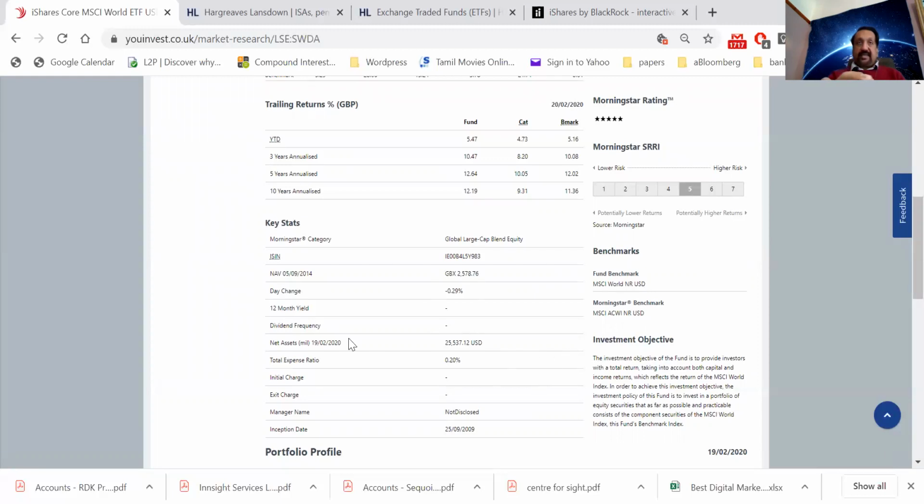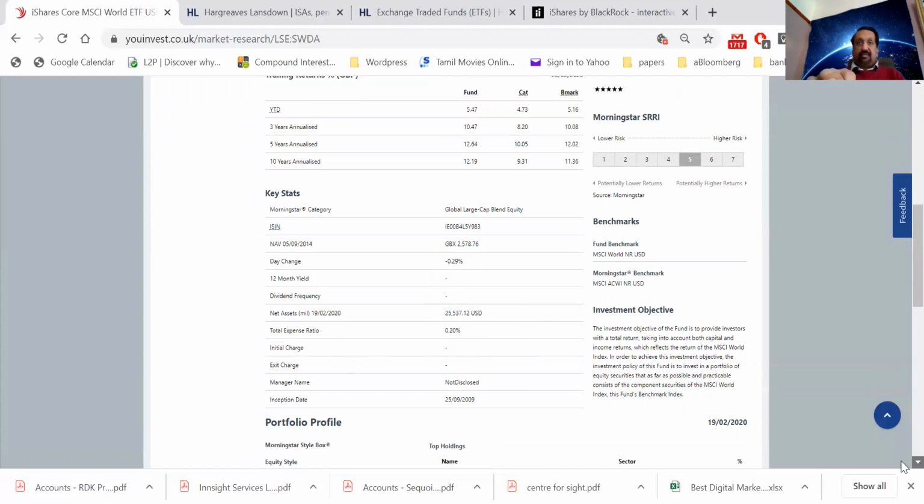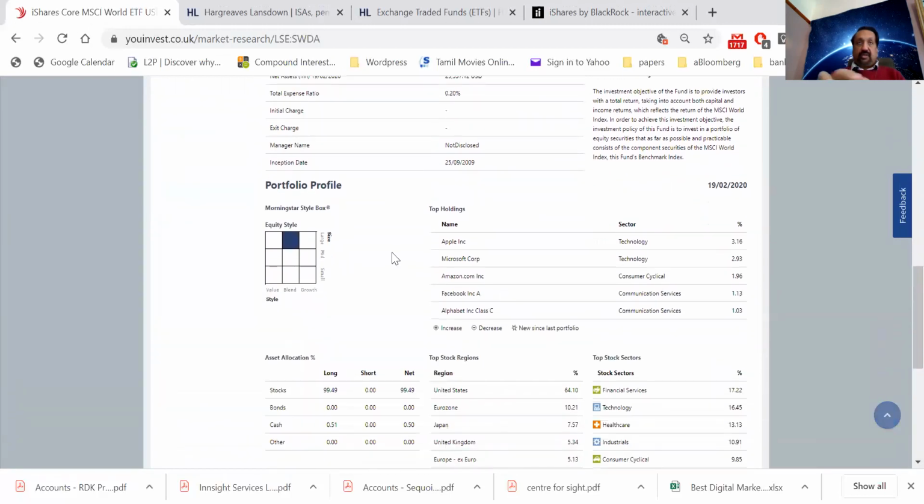So you've got net assets, so many US dollars, expense ratio 0.2, portfolio. You will see that its equity style is large, so it's invested in only large companies all over the globe, all the big companies of the world.